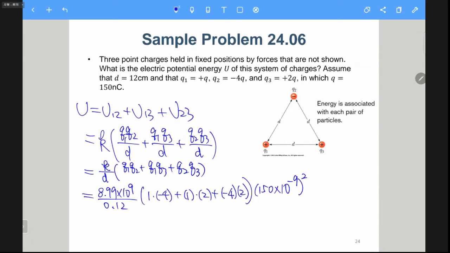Okay, so the answer will be -1.7 times 10 to the -2 joule. Yeah. So this is actually a negative energy. And you can simply imagine that these two are positive, so there will be some repelling between them, but here this is positive, this is negative.